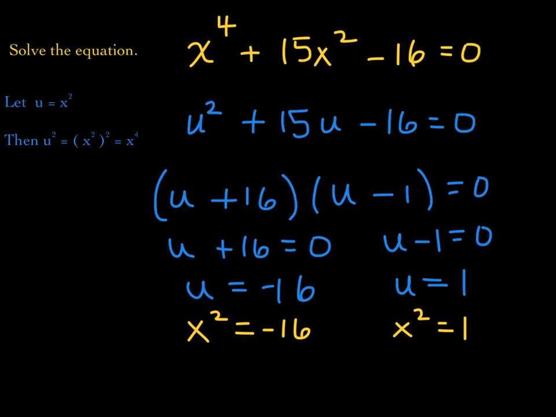Taking the square root of both sides for each of these will get you that x is equal to plus or minus 4i here, and over here x is equal to plus or minus 1.